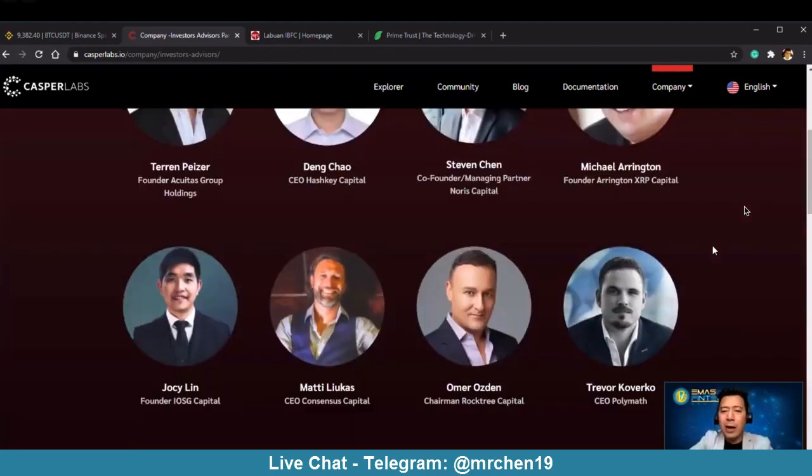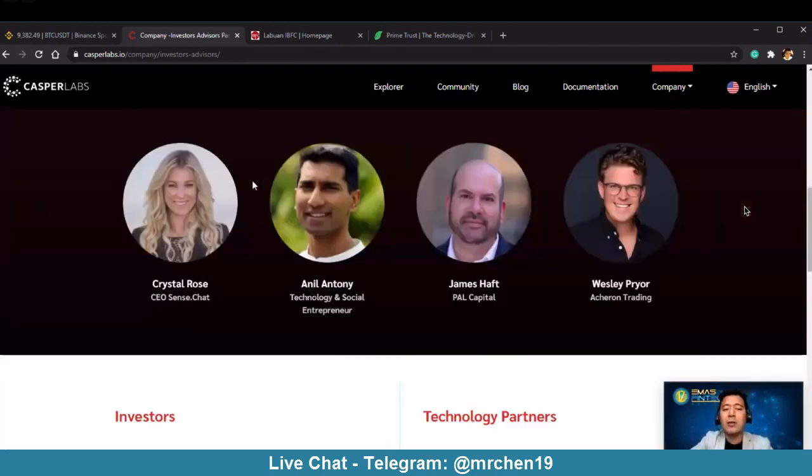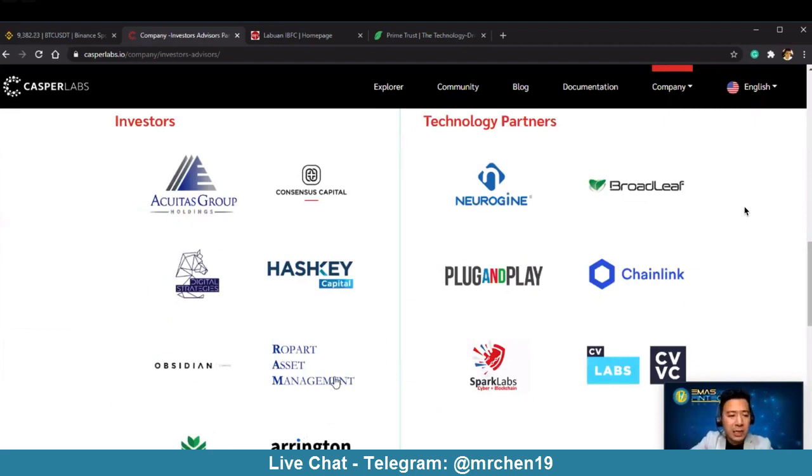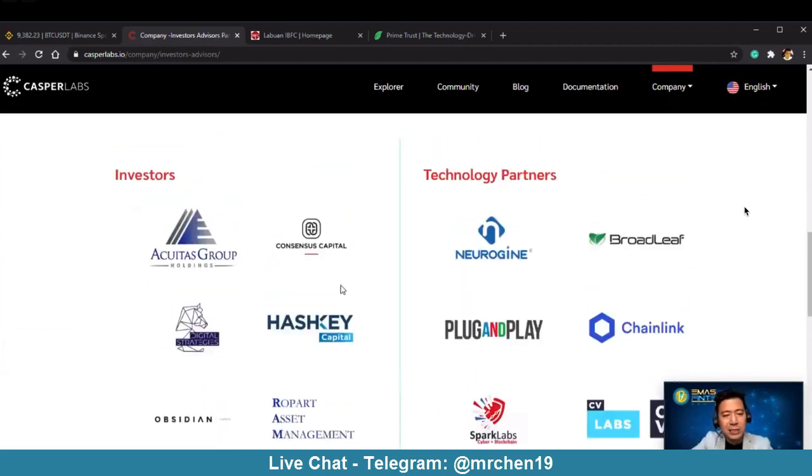As this also takes a lot of manpower, it also needs a lot of funds. So you can see these are the investors for Casper Labs, as well as the technology partners. And over here, Nirojin. Nirojin is my partner Owen's company. He is the main technology partner for Casper Labs, contributing very much to developing Ethereum 2.0.